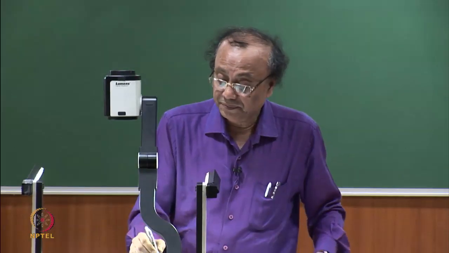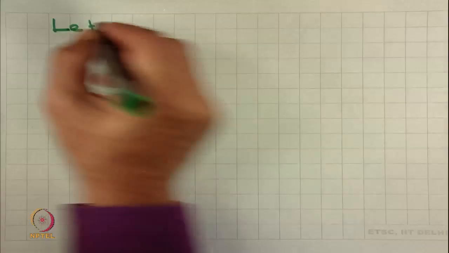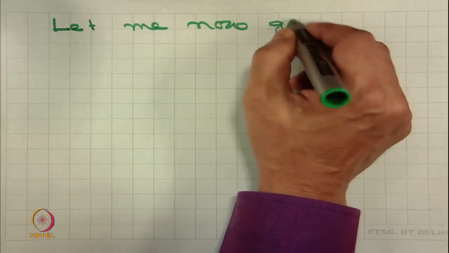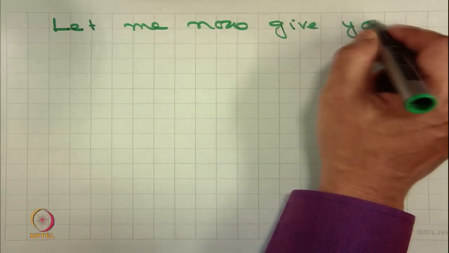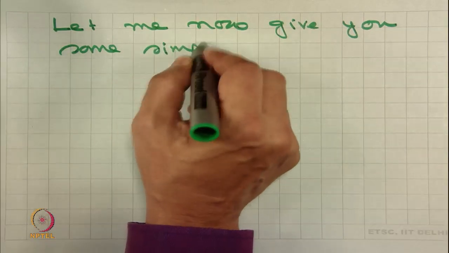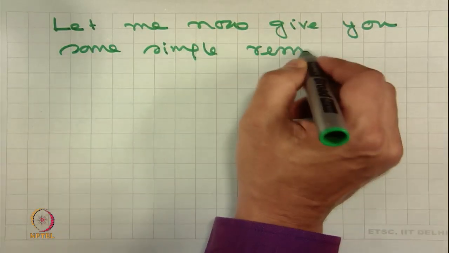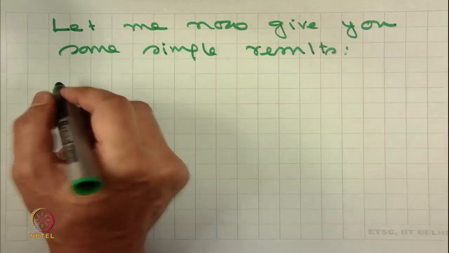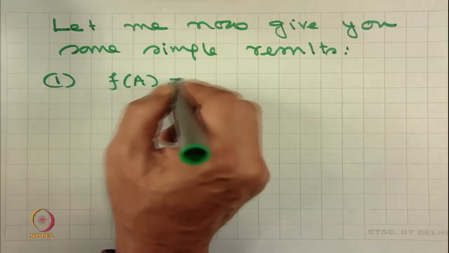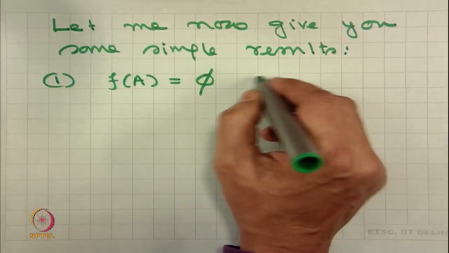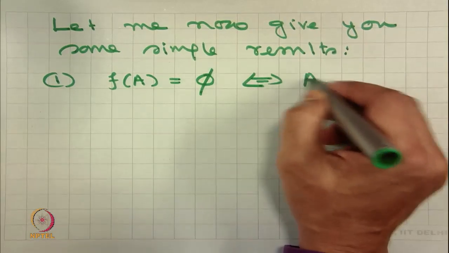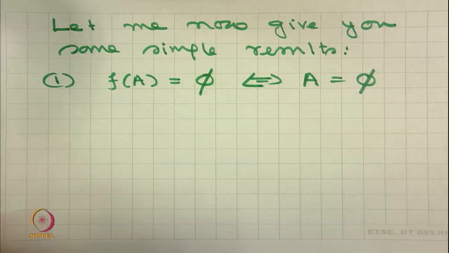Let me now give you some simple results. One, f of A is equal to phi implies and is implied by A is equal to phi.